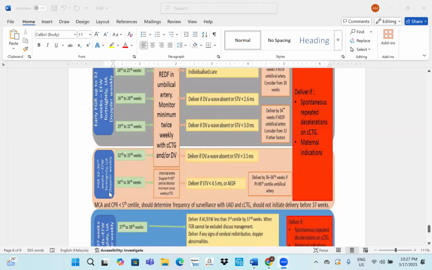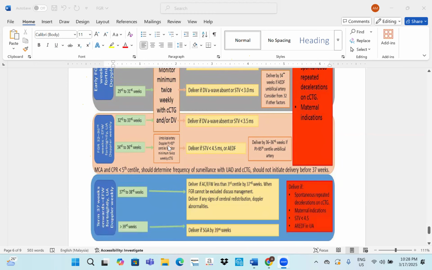So after 32 weeks, we know that it is late onset, but your ductus venosus Doppler will determine the time of delivery up to 33 plus 6 weeks. Okay. Now from 34 to 36 plus 6 weeks, for these patients, now you are doing this umbilical artery Doppler. Okay.